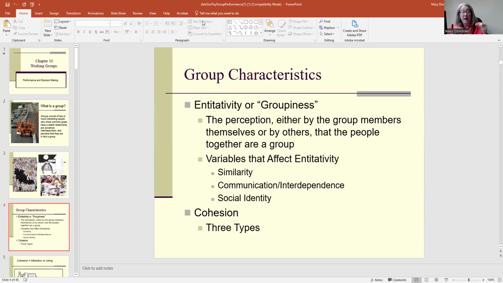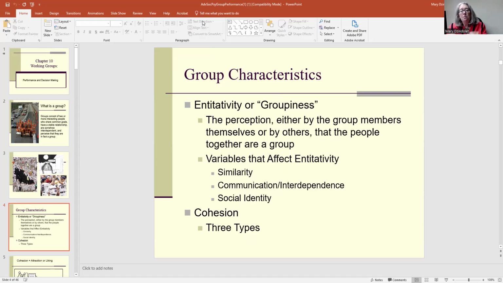So we talked before about the personal identity, the personal to social identity continuum. The more you are on that wheel, and we talked about how you've got all these different social identities. If you're forgetting about this, you can go back to the chapter 3 lecture video where we talk about social identity.